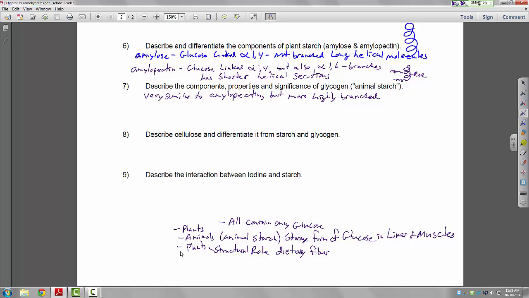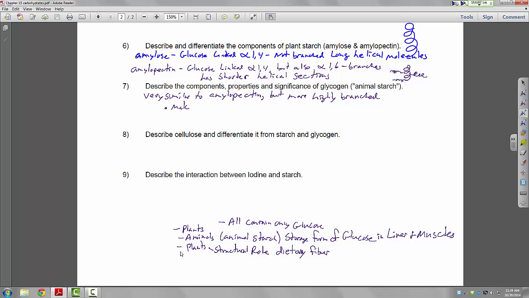So whereas amylopectin might be branched every 24 glucose units, glycogen is going to be branched about twice as much, so maybe every 12, 15 glucose monomers. So very similar to amylopectin, but more highly branched.